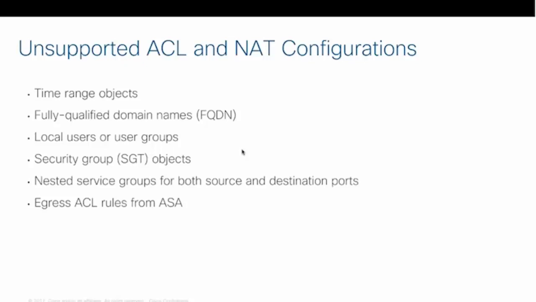In that case, the migration tool will partially convert the configuration. When I say partially convert the configuration, it means that if the rule contains parameters such as source or destination IP address, source port or destination port that the migration tool understands, then the migration tool will convert them. Whereas if it contains any of these unsupported parameters such as, for example, time range objects, then it will not be converted, and that rule altogether will be disabled in the migrated configuration file.